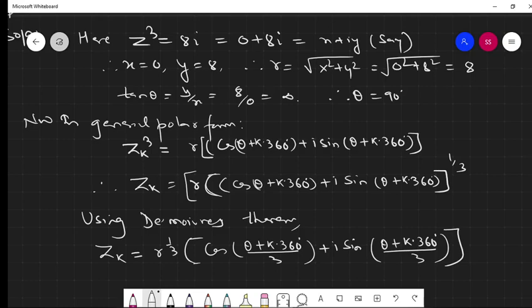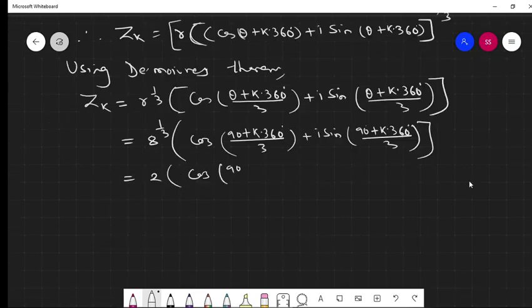We close this. 8 to the power 1/3 is simply 2. Then this is 2 times cos of (90 plus k times 360 degrees)/3 plus i sin of (90 degrees plus k times 360 degrees)/3.